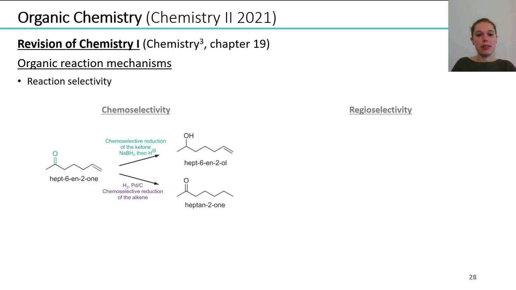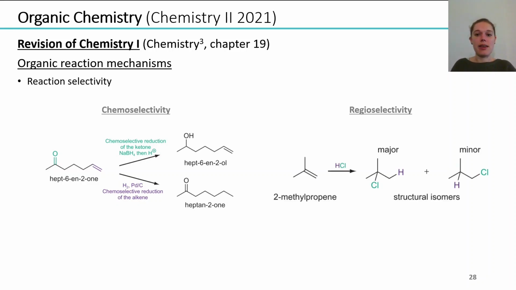The other kind of selectivity can be regioselectivity, and here we can say one position of a functional group within an unsymmetrical molecule reacts selectively over another. So for example, here the 2-methylpropene will end up with a major and a minor product, and these two products are structural isomers.